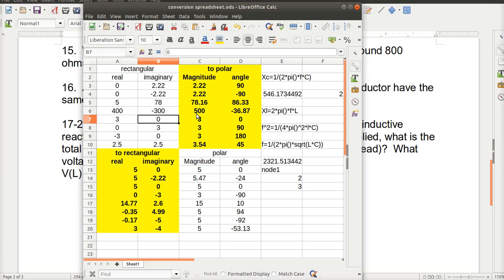Okay, so I have an impedance of 400 minus 300i, which gives me a polar form of 500 and minus 36.87.